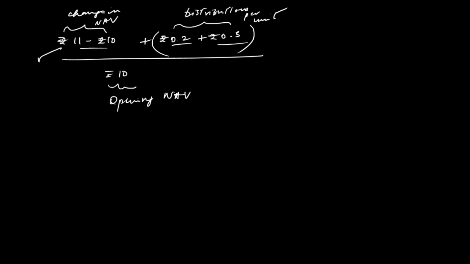And this individually is closing NAV, and this is opening NAV. So if I have to create a formula for this, what would be the formula?